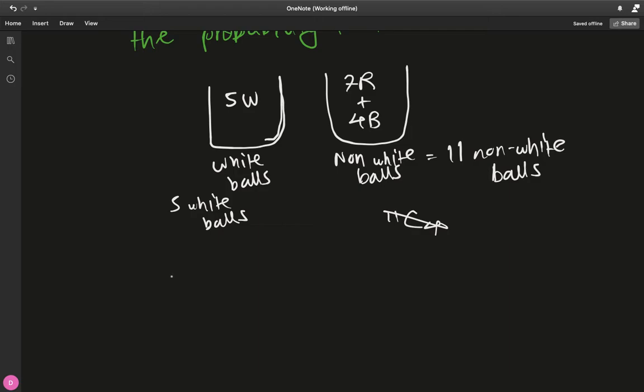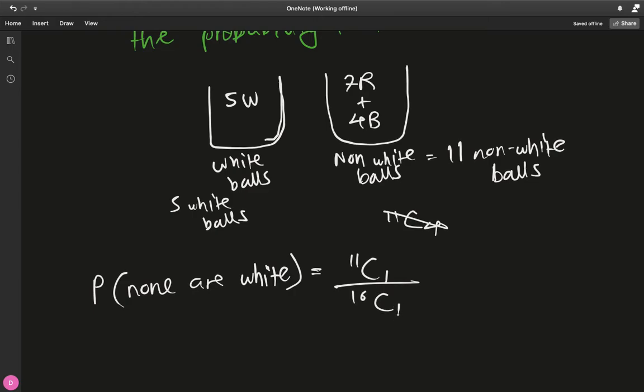So our probability that none are white when you draw 4 balls one by one with replacement will be, okay, first you draw one from the 11 because you're not supposed to get white. So to not get white, you'll draw one from the 11 on your first chance. So 11 choose 1 divided by the total number of balls there were. So 16 balls, right? So 16 choose 1. That's the probability on your first turn picking balls.